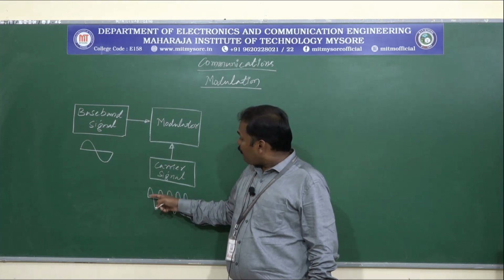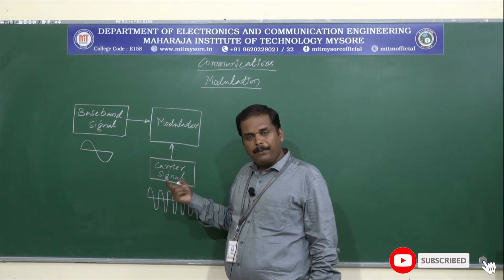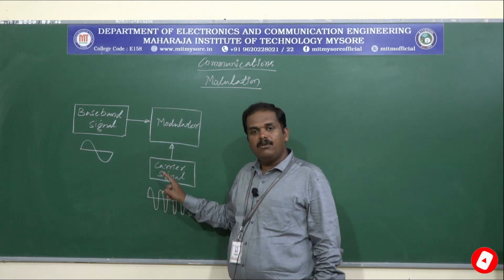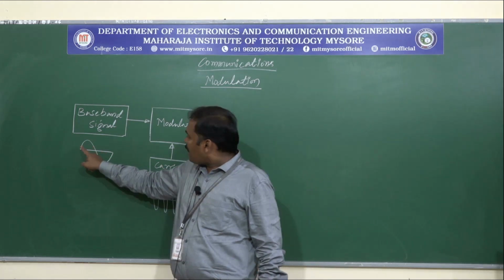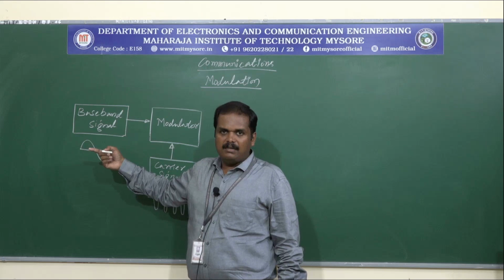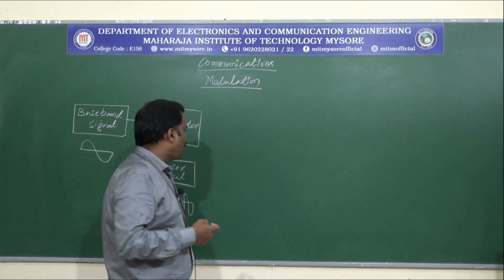Now if I have to vary the amplitude, this process is called amplitude modulation: the amplitude of the carrier signal will be varied as per the instantaneous value of the message signal, right. So this is what a modulation process is all about.